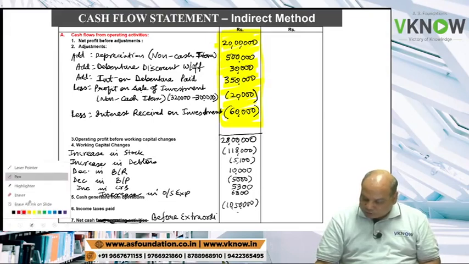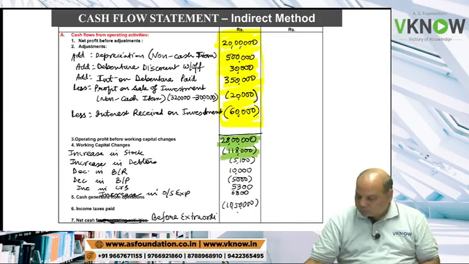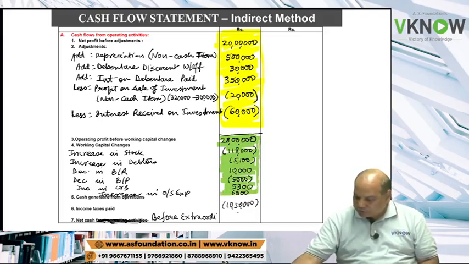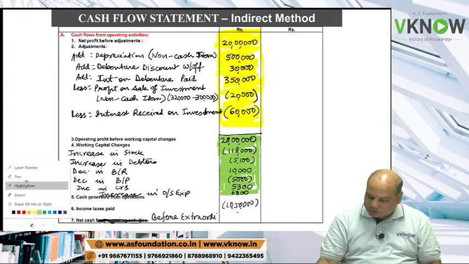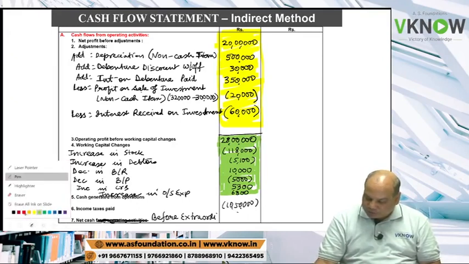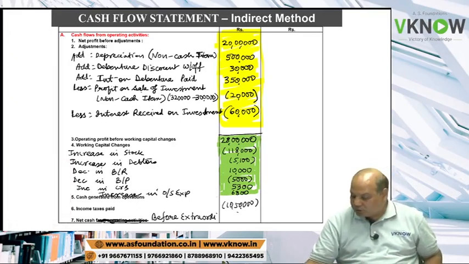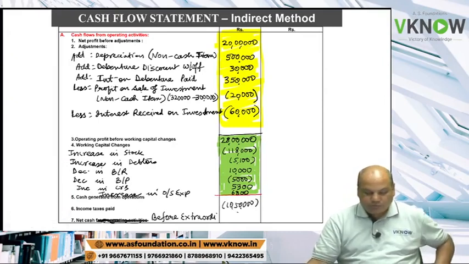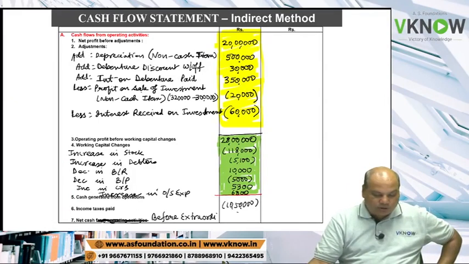Now take the total of these figures. This will give you cash generated from operations before tax paid. Any answer for this?